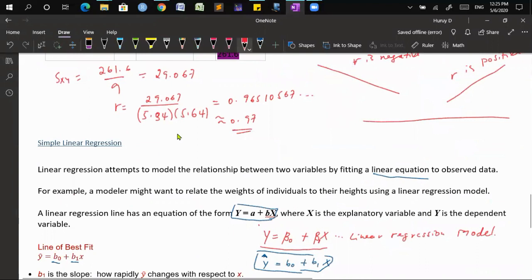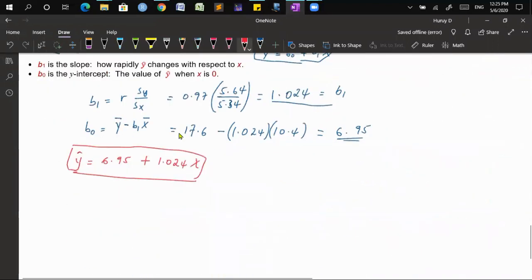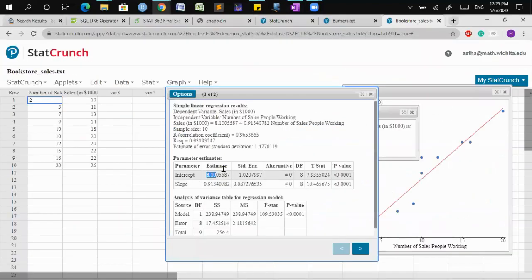I think I did something wrong. I don't know. But anyway, the intercept is the b sub naught, and here we got 8.1. And the slope is 0.91.